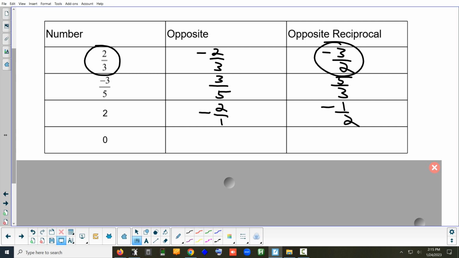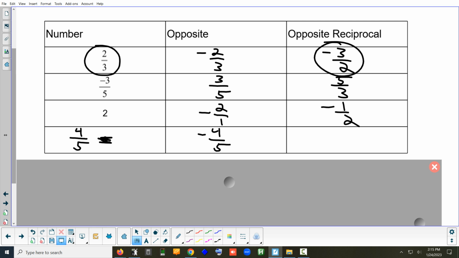Okay, let's make up one more here. Let's do, I don't know, 4/5. What's the opposite of 4/5? Oh, so that's when you flip -4/5.